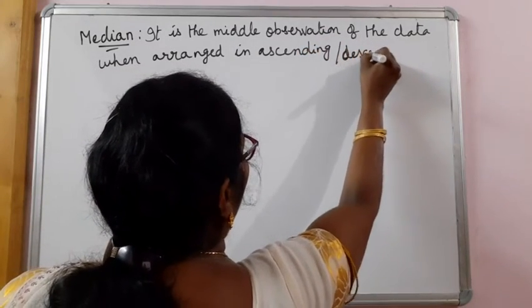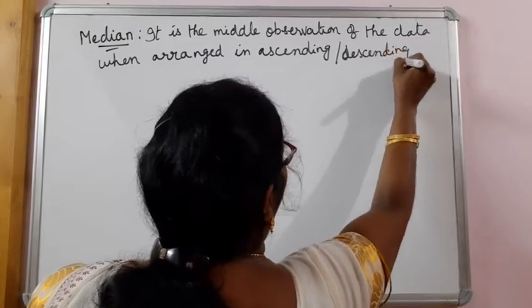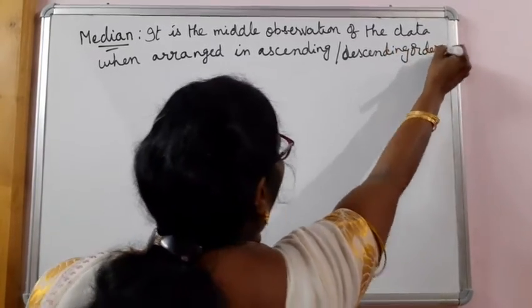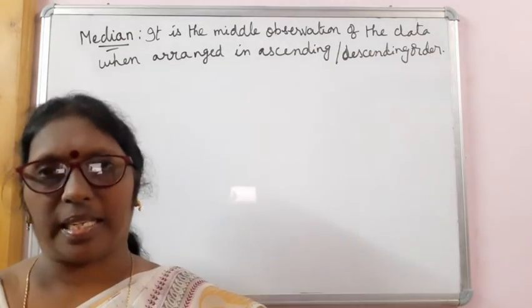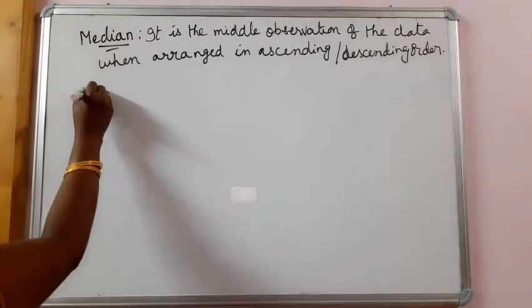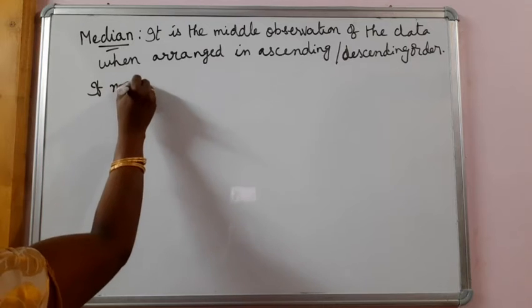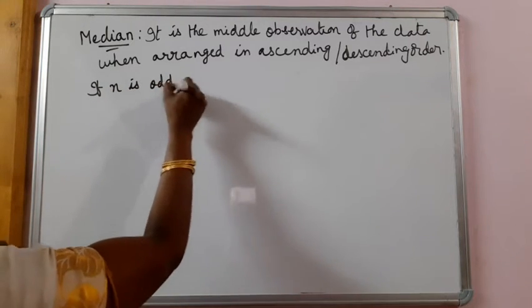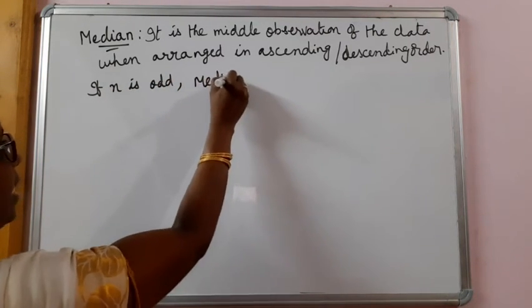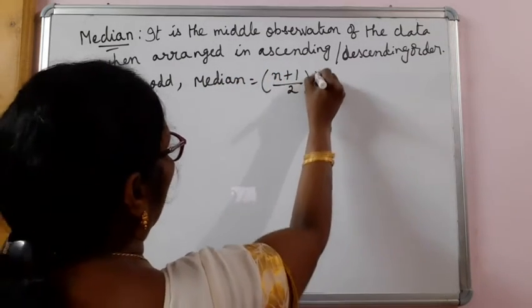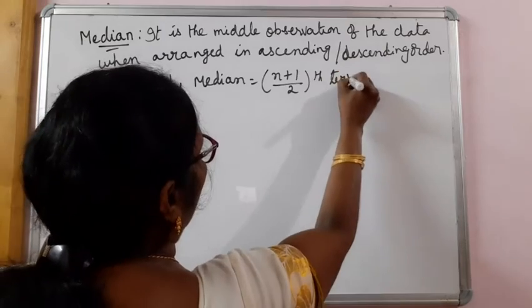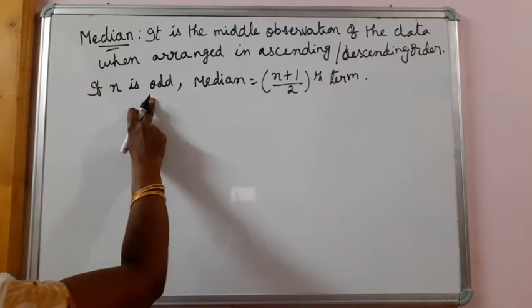The given observations ought to be arranged in ascending order or in descending order. Then the middle value gives the median. And if n, that is the number of observations, is odd, the formula for finding median is the (n plus 1) by 2 term.